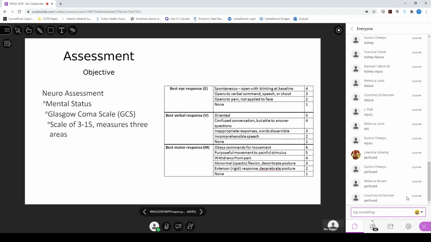So just know that it's the best limb that gets the rating. It's hard to use with an intubated patient because you're unable to get their verbal response. So you can sometimes see it documented without a verbal response because the patient's intubated. Okay.